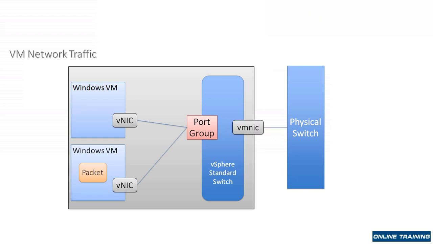These are called VMNICs. And if my traffic needs to flow to the internet or to some physical server, it'll do so using these VMNICs or physical adapters. So a VMNIC is basically an uplink for a virtual switch that gives it connectivity to the actual physical network.